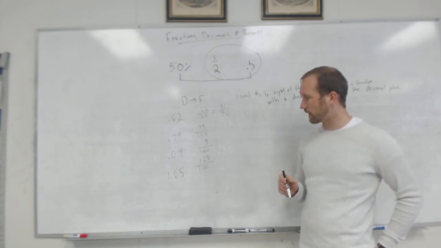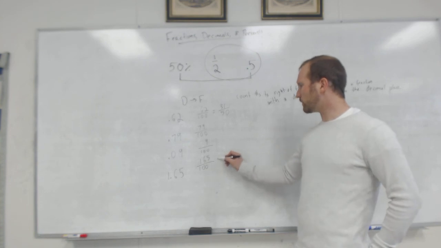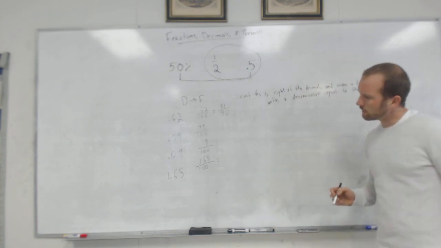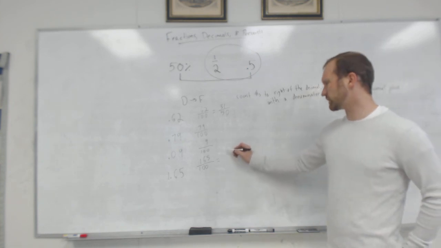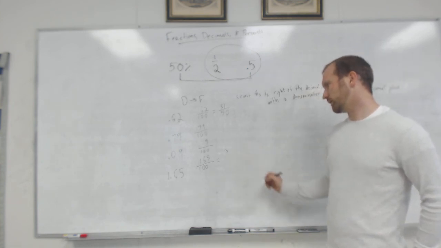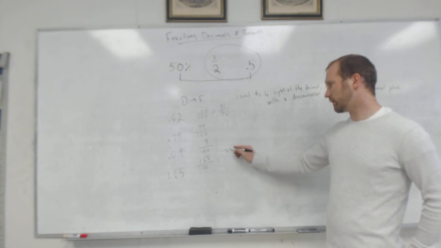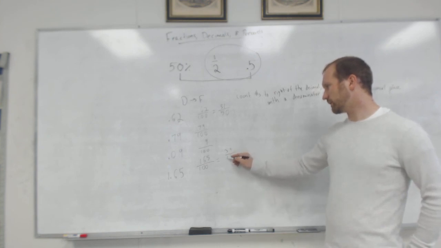So you could just leave it. But we could reduce this, actually. We could divide both of those by 5, which is like 33 over 10.